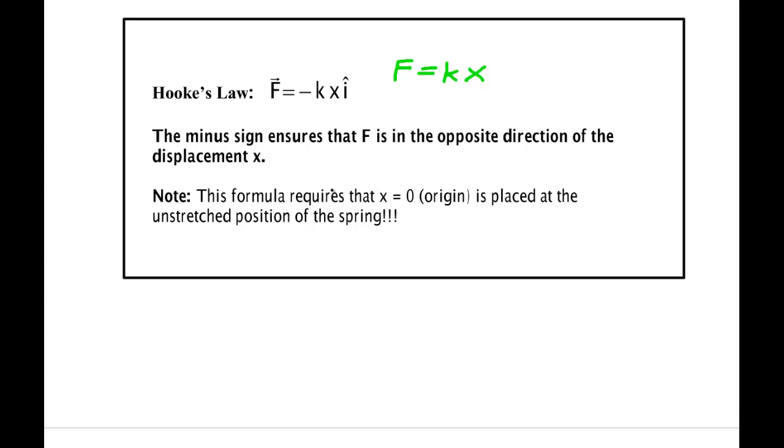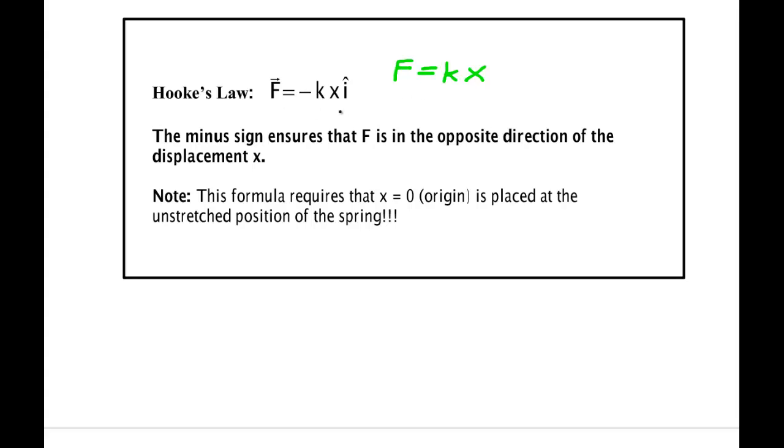The minus sign that goes with the i hat is just to indicate the direction, that it opposes the displacement. Since we draw free body diagrams and put our plus and minus signs when we do that, then we usually just use this, like we do mg for weight, and we use the arrows to take care of the minus signs.